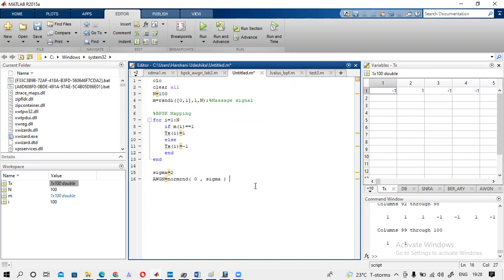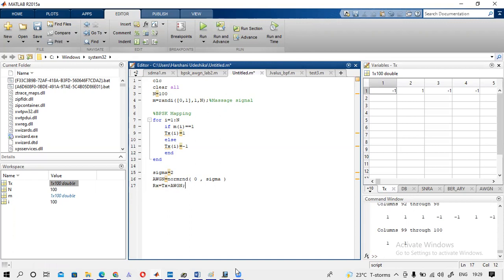Then this random variable will be added to my tx symbol, and that is my received bit rx. Correct, very simple.